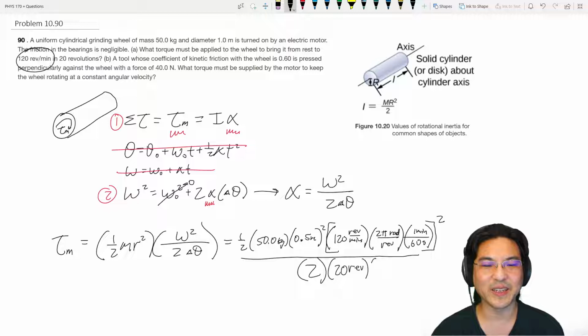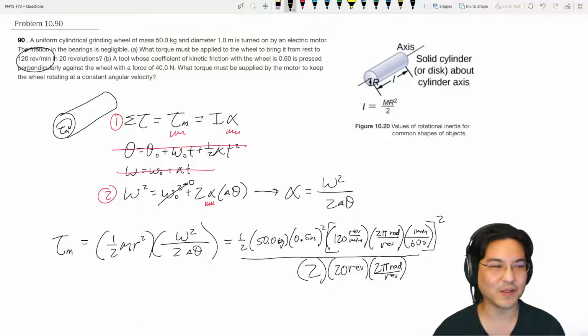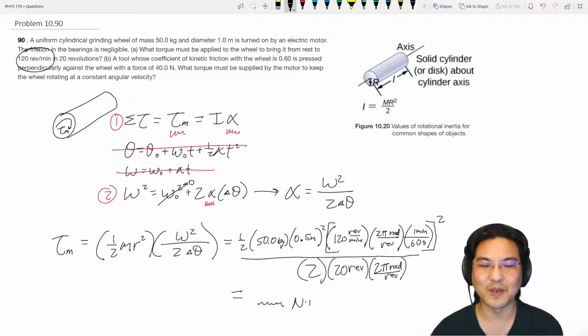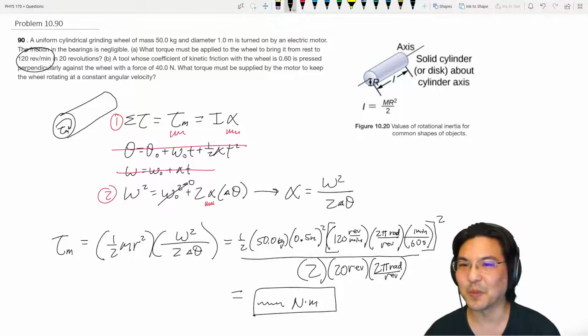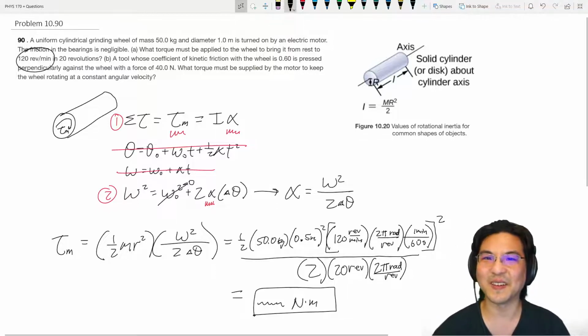What would that be in radians? There are, again, 2 pi radians per revolution. So then everything is in SI units. Plug that in the calculator and you're going to have something, something, something, Newton meters. Okay, done. No, not done. There's part B.